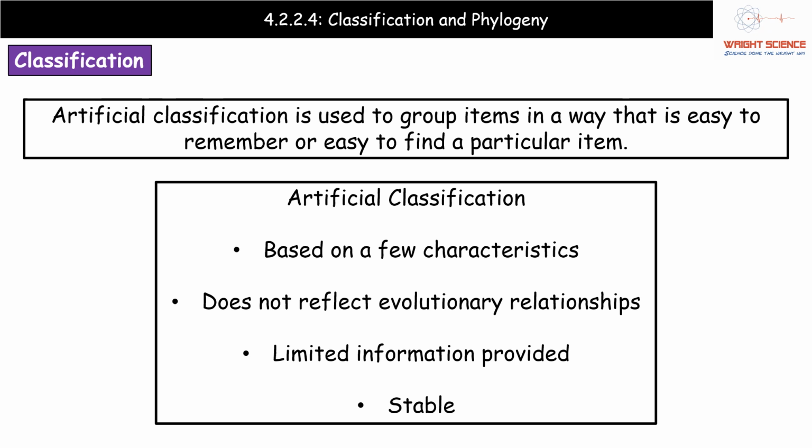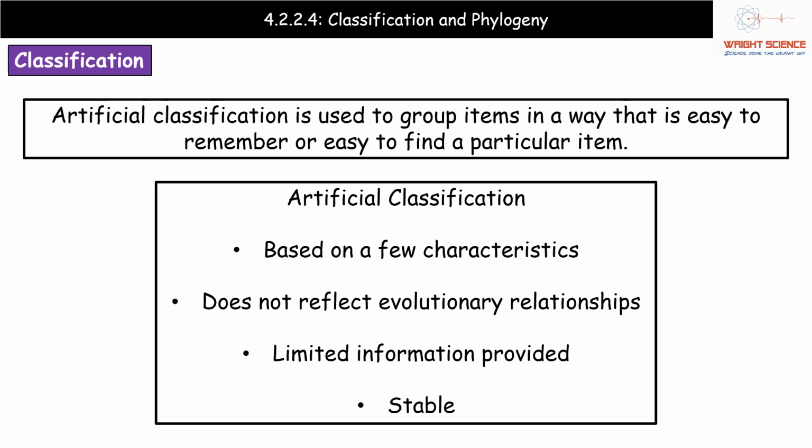So it's only based on a few characteristics, and there's none of this evolutionary relationship that may be present taken into account. So purely when we're talking artificial classification, we'd be doing things like having a look to see, does it have wings? How many pairs of wings? Is its body segmented, etc.? All of that gives us a little bit of a way to sort these things into their groups.